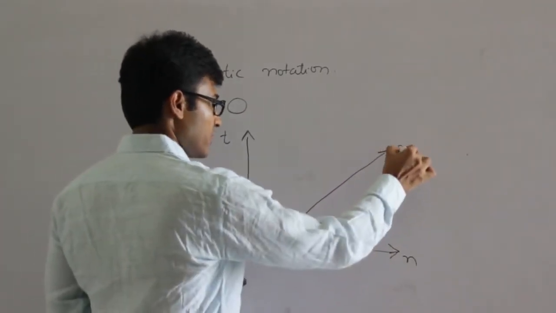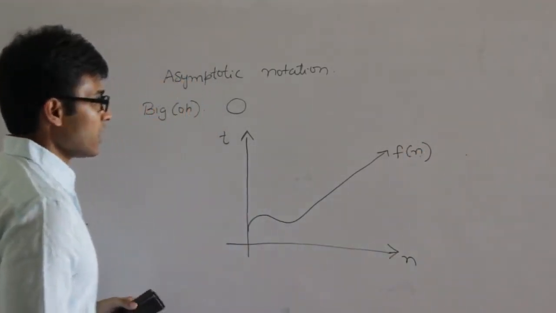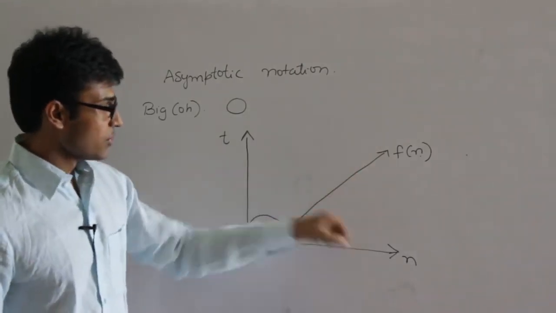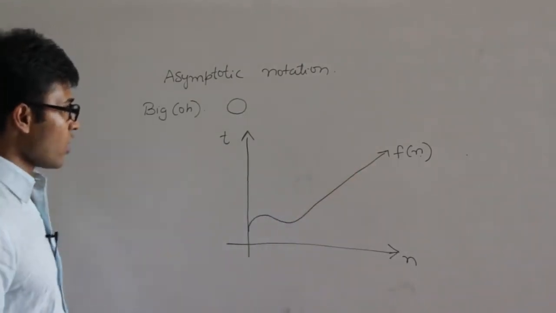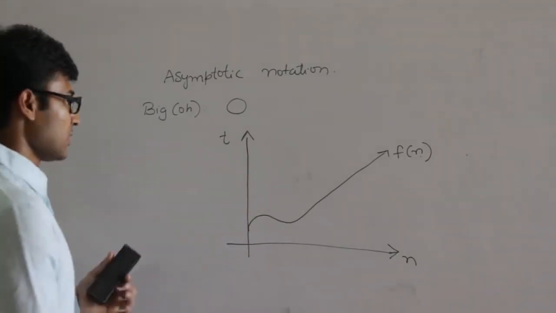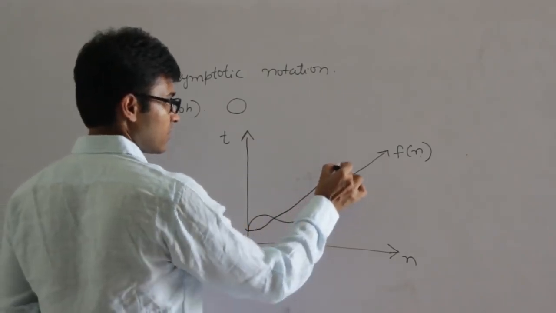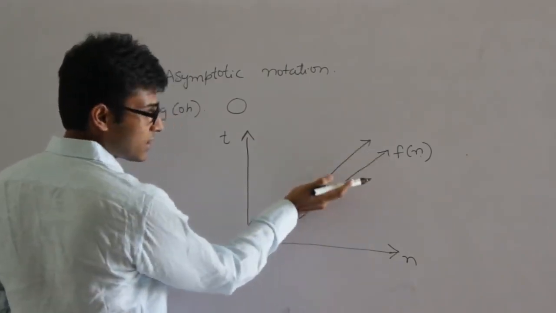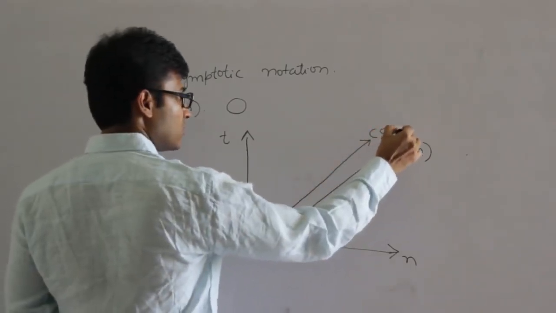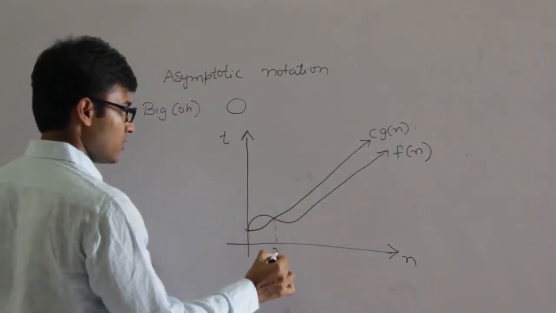Let us call it f of n, where f is a function of n and n is the size of the input. Then what is the worst case or upper bound for this function? We'll find another function that is greater than the given f of n, let's call it c into g of n, after some limit n equal to n naught.